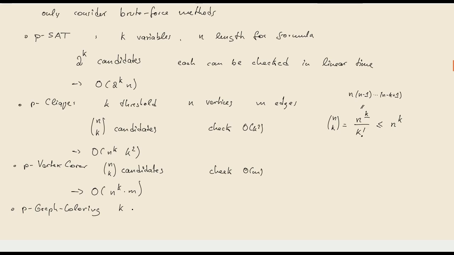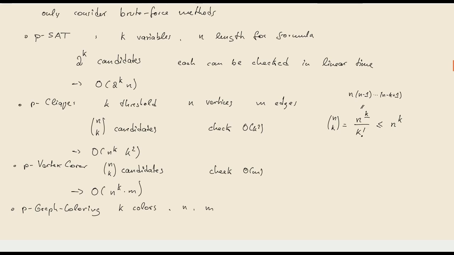Now here it's a threshold, and that's just the number of colors that you may use for a graph with n nodes and m edges. Now you have to assign each of the nodes one of these k colors, so that for each edge in the graph, its endpoints have a different color. That was the definition of graph coloring.